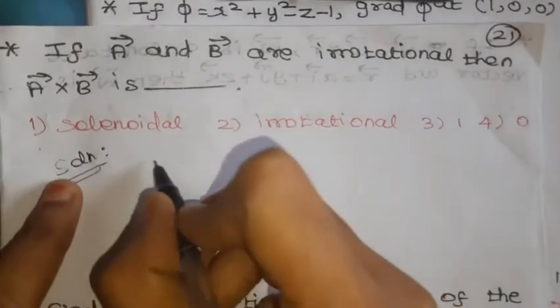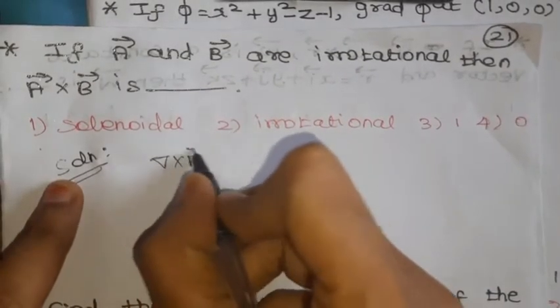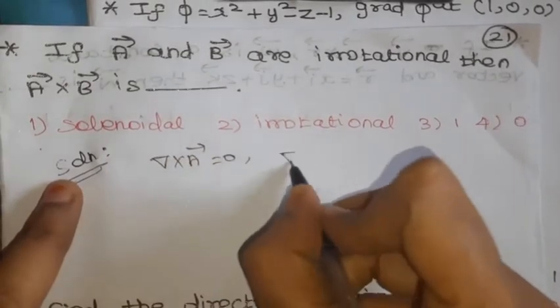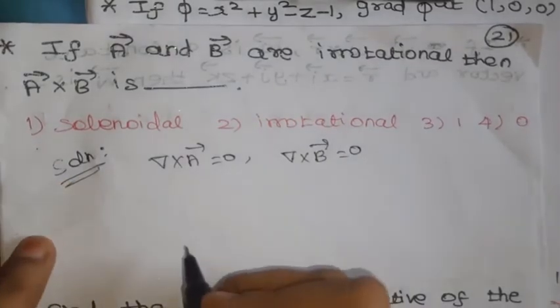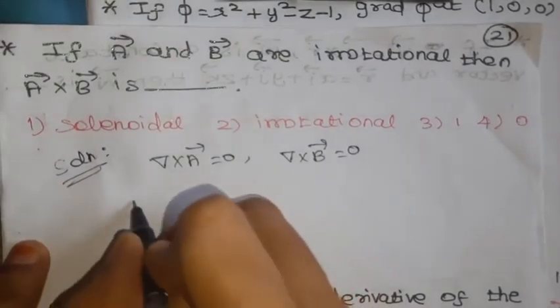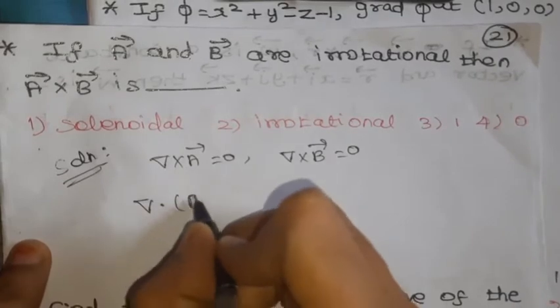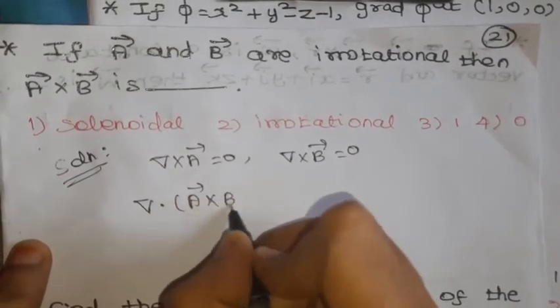A and B irrotational, what does it mean? Del cross A is equal to 0 and del cross B is also 0. Then for A cross B, what is del dot A cross B?